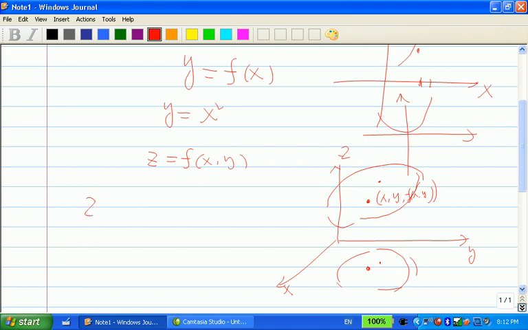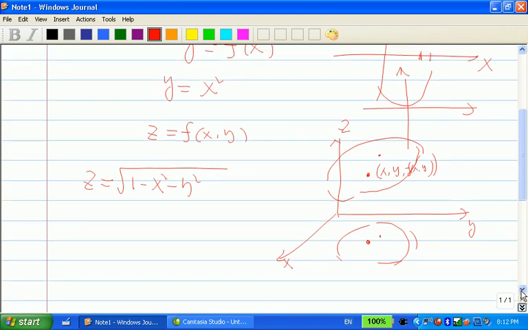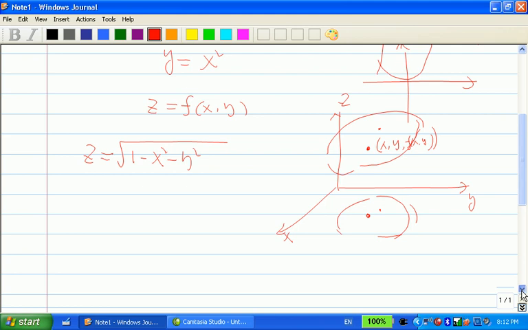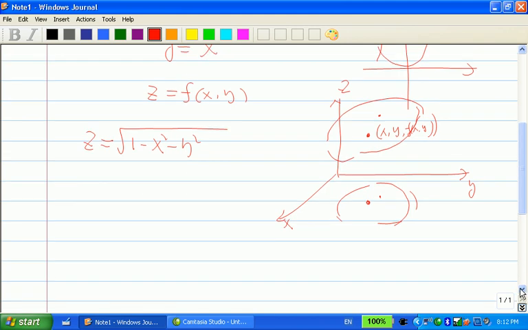For example, z equal to the square root of 1 minus x squared minus y squared. This is an example of a function that depends on two variables. Remember, the graph of a function of two variables is a surface.